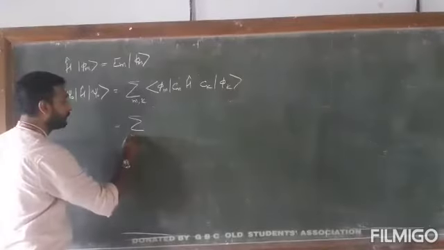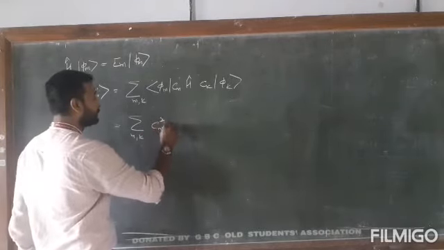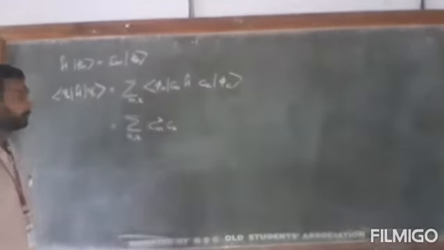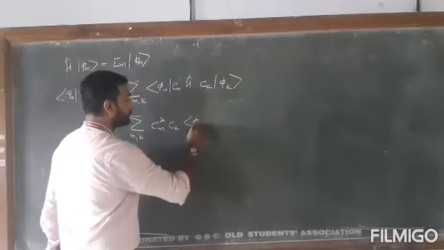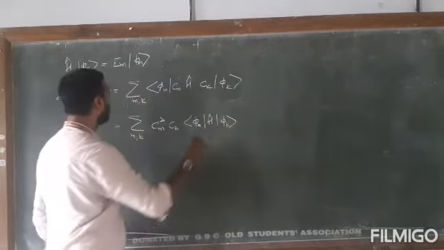Okay, this Cm and Ck can be taken outside, so sum over m, k of Cm star Ck ⟨phi m|H|phi k⟩. So how are we writing this?